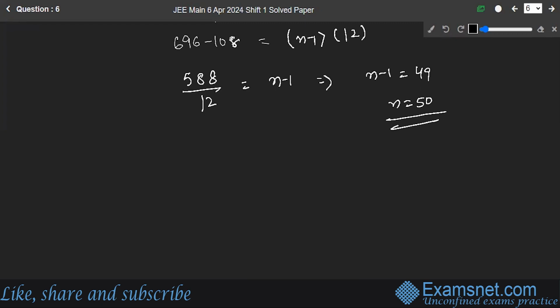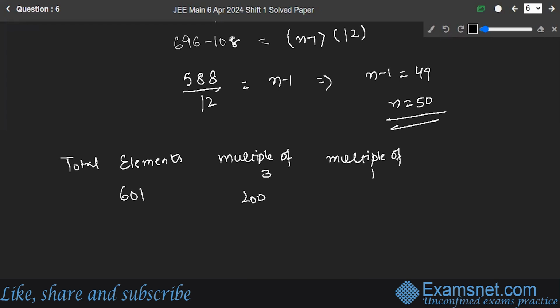So that means, how many total number of elements were there? That was 601. Multiples of 3 were 200, multiples of 4 were 151, and multiples of 12, 50.